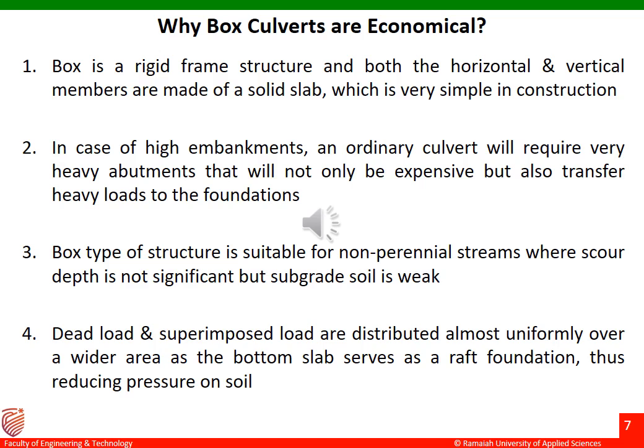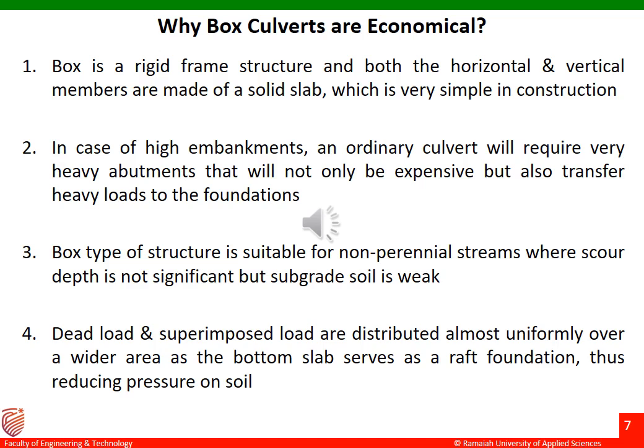In the first point it is mentioned that the box culvert is a rigid frame structure, and both the horizontal and the vertical members are made of solid slab. Horizontal members means the top slab and the bottom slab, and the vertical members means the side walls, which is very simple in construction.